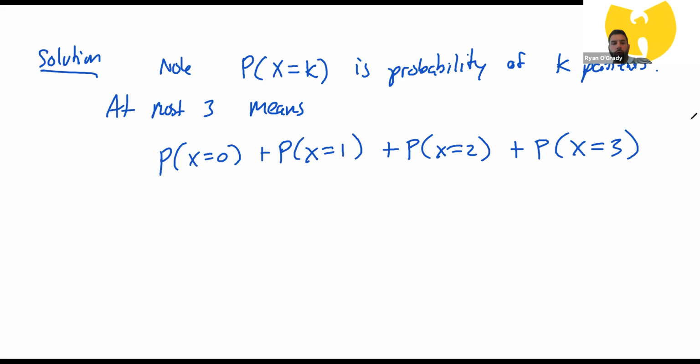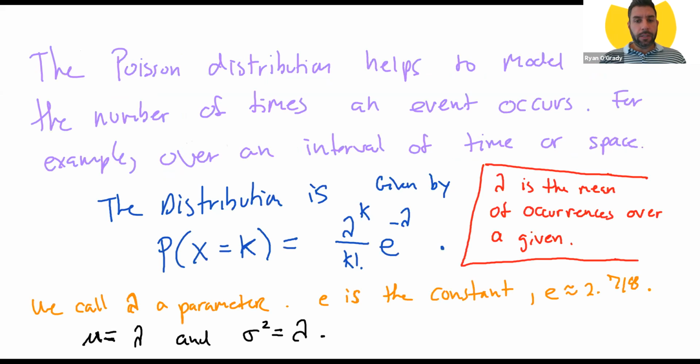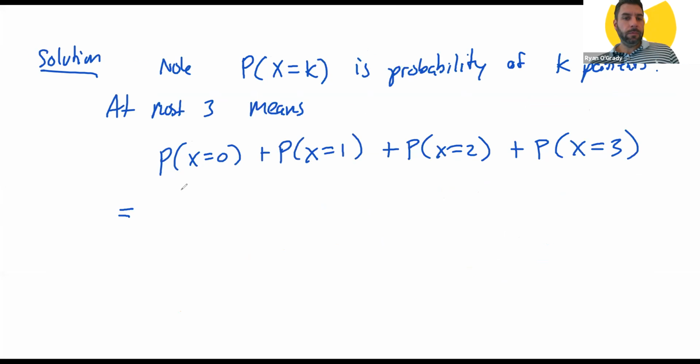Now, this is sort of a pain, but we have to do it. If you go back to your formula, it is lambda to the k over k factorial times e to the negative lambda. Here, what is our lambda? Our lambda is 3, so this means 3 to the k.